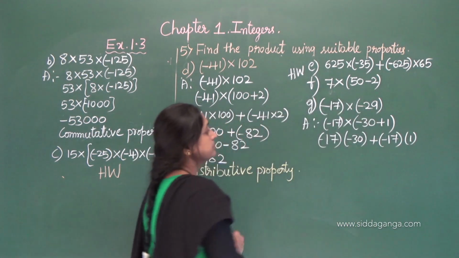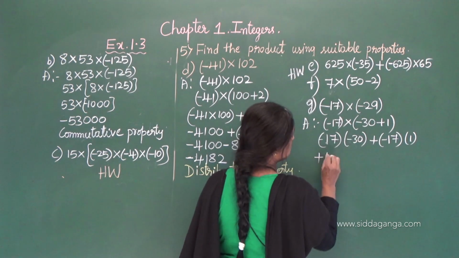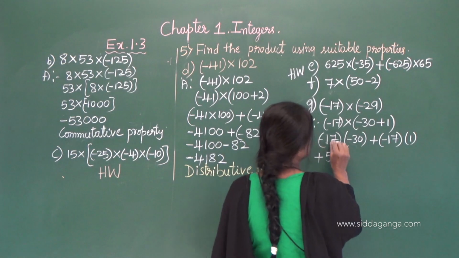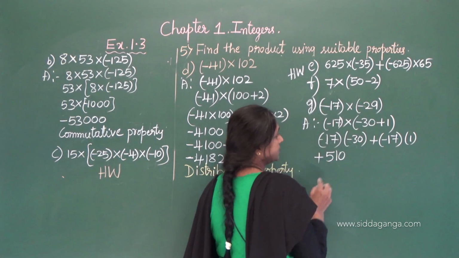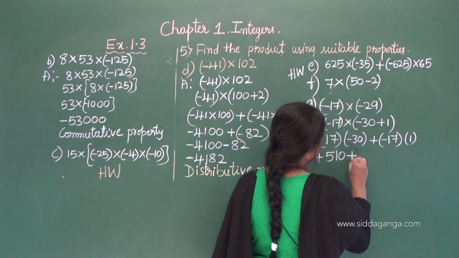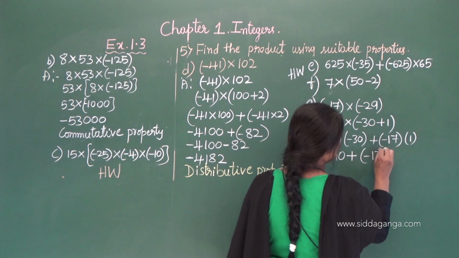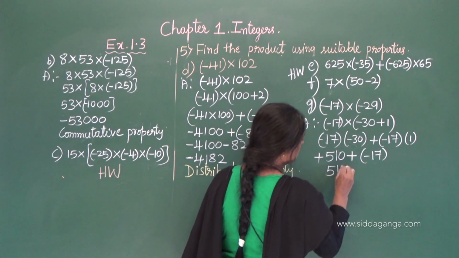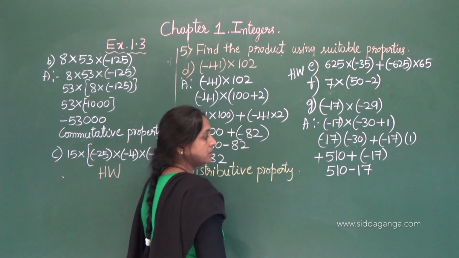Okay. So minus into minus is plus, 17 zeros are 0, 17 3s are 51, so 510. Here we have plus into minus is minus, 17 ones are 17. Take out from bracket, it's 510, plus into minus is minus 17.